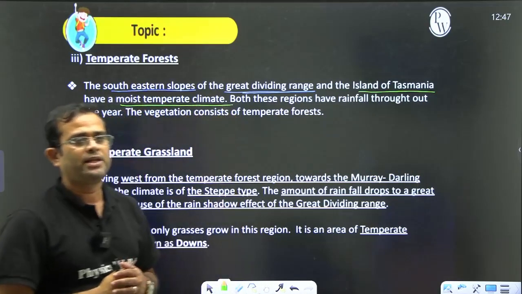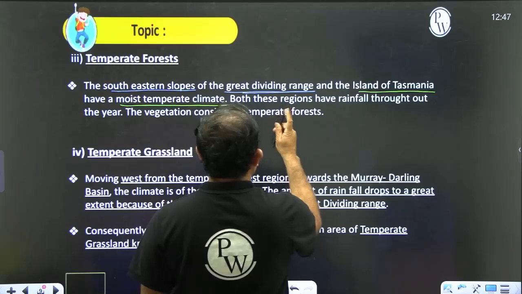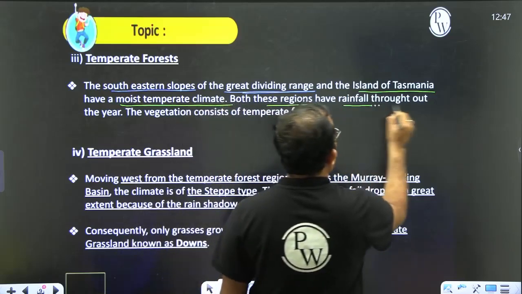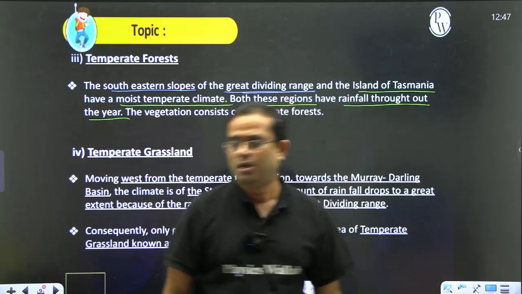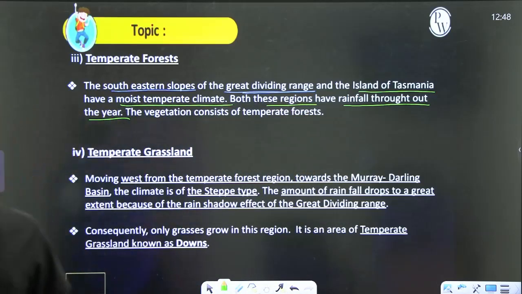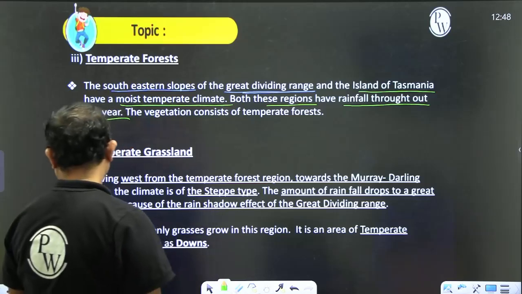Both these regions have rainfall throughout the year.